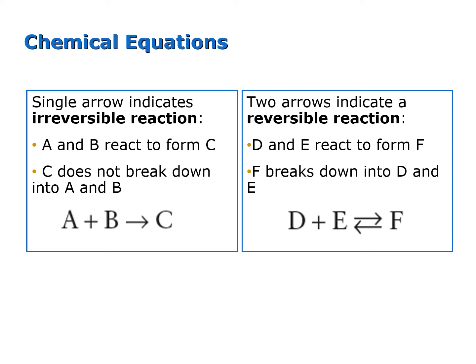When we are looking into a reversible reaction, we have, let's say, a form D that reacts with a form E. Together, they will develop form F. However, at any given moment, F can break down into D and E. This is called reversible, and when we are representing it, you see that we have these double-sided arrows going both ways, as opposed to an irreversible reaction that will have only a one-sided arrow, meaning C will not go back to A and B no matter what we try to do.